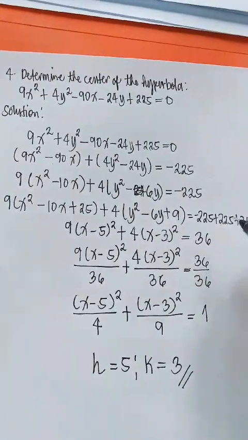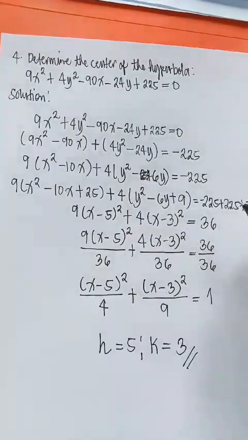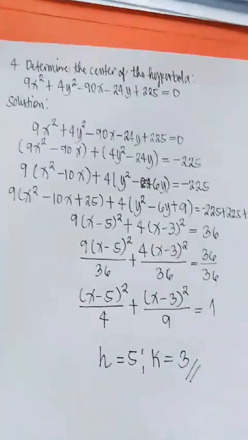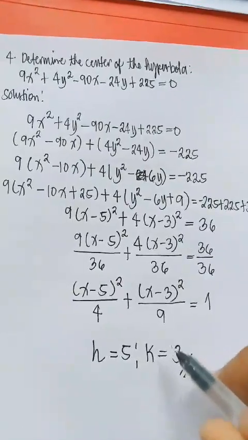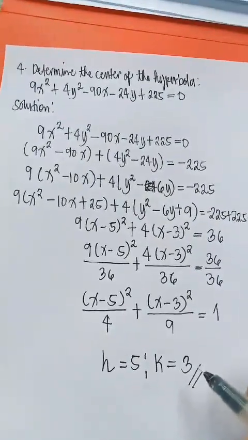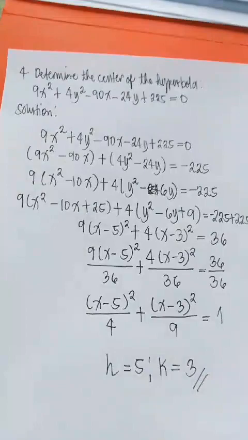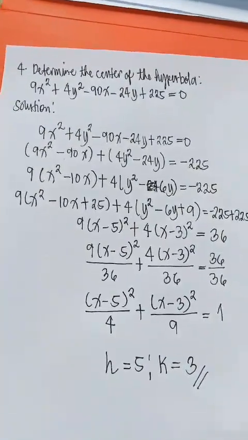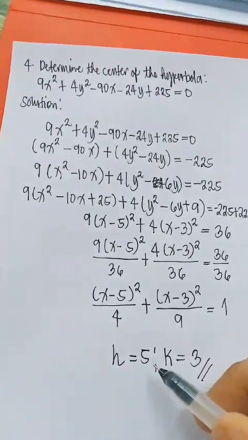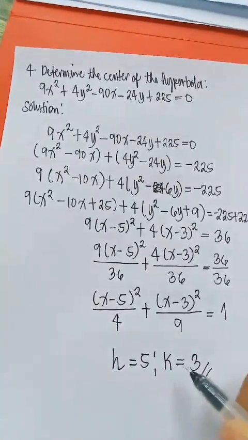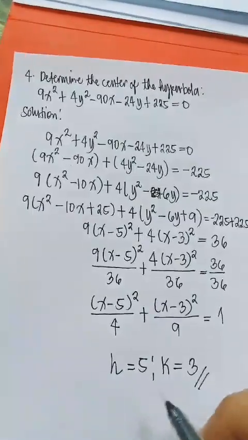And the final answer for this problem is h is equal to 5 and k is equal to 3. Thus, the center of the hyperbola is h equals 5, k equals 3, or 5, 3.